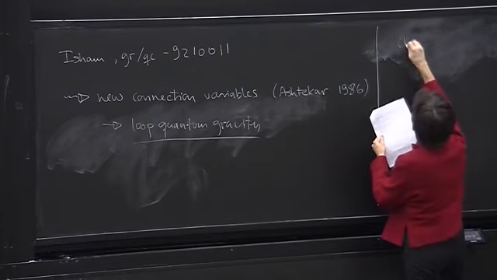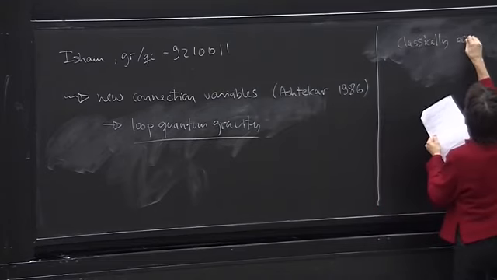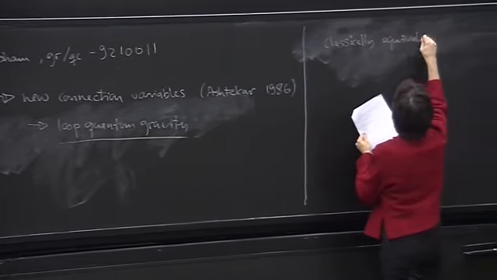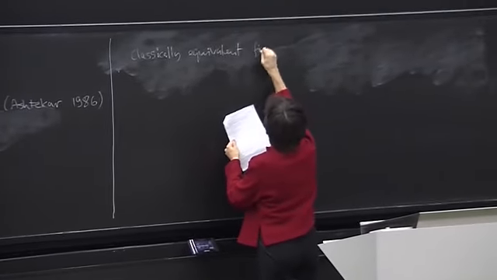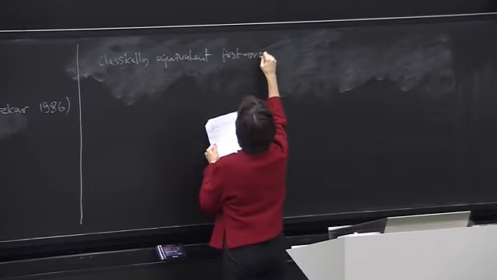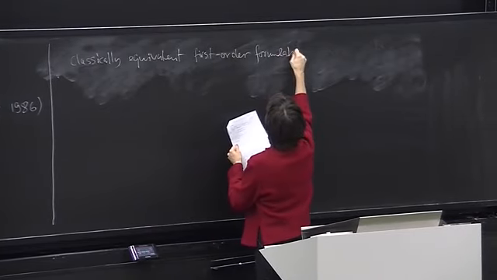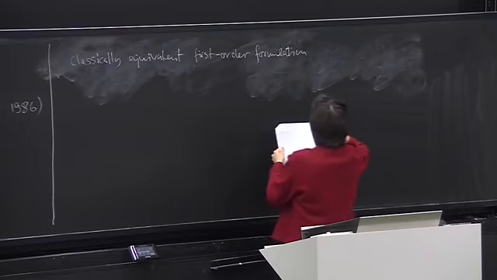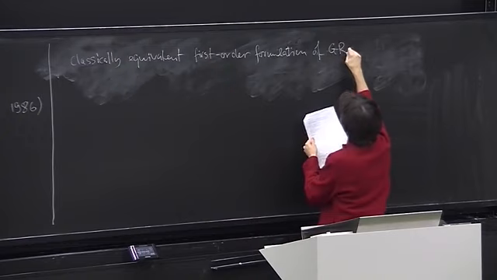So this is a classically equivalent so-called first-order formulation of general relativity. I'll explain in a second what this is.